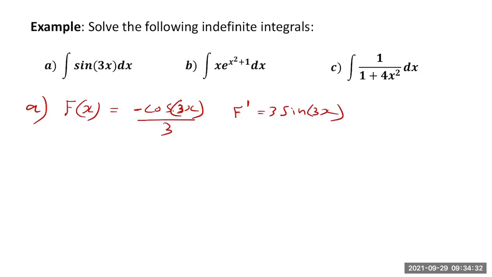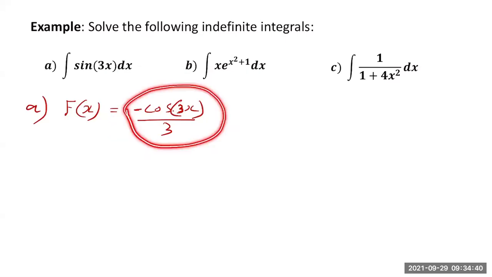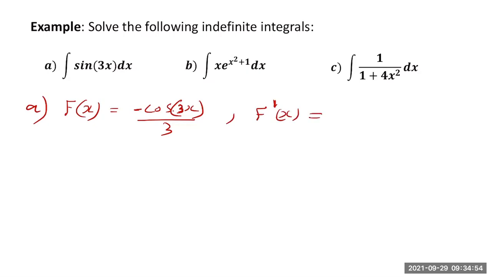Okay. Now, if I try this function as my uppercase F of x and take the derivative, that derivative is going to be sine 3x. As I said, some sort of imagination is needed here. So now if you take the derivative of the uppercase F, you will get minus 1/3 times minus sine 3x times 3.